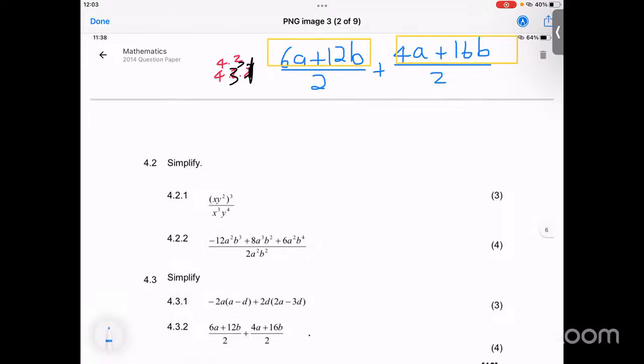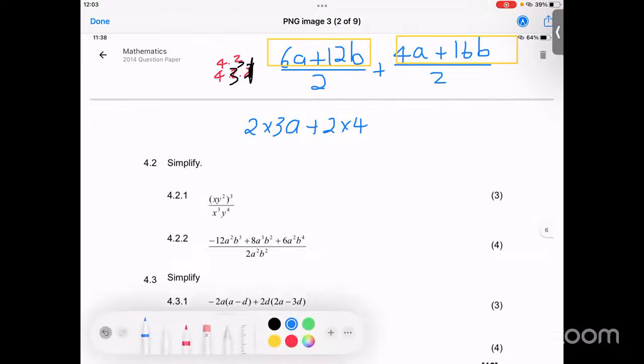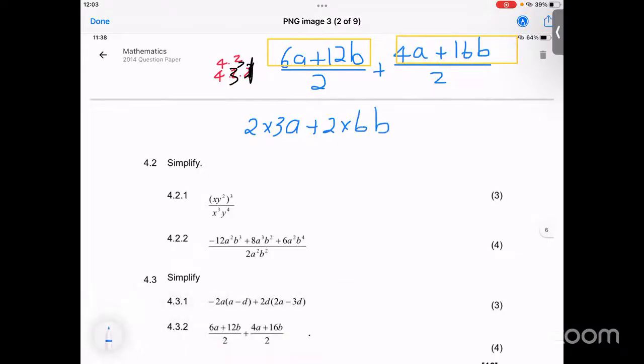because that thing at the top is the same as 2 times 3a plus 2 times 6b, the whole of that being divided by 2.